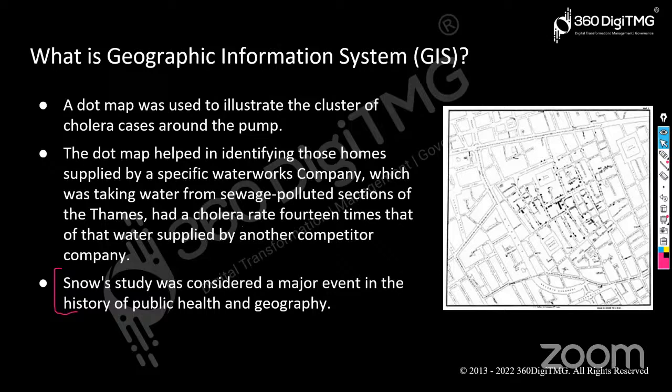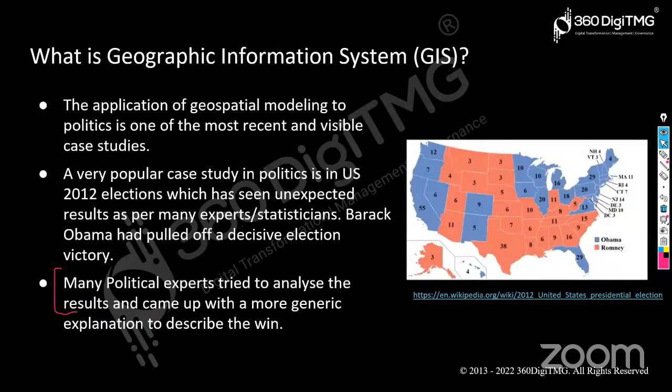For example, if you talk about the US elections, 2012, here also there are very interesting theories that came up, and this is one of the examples of geospatial data.